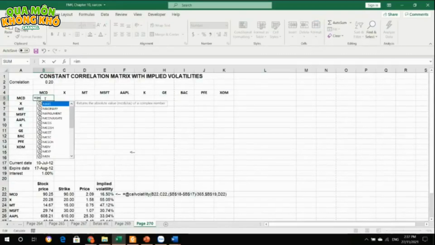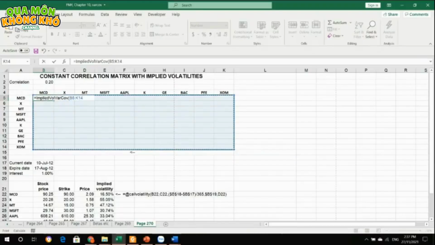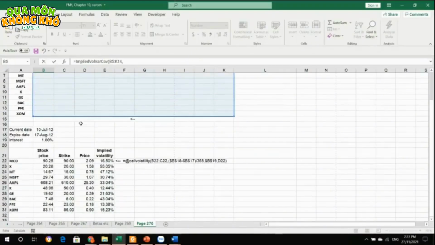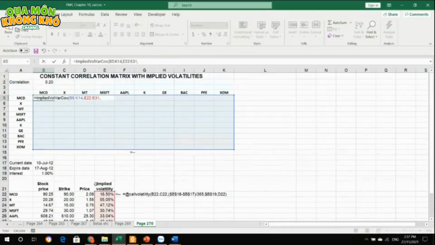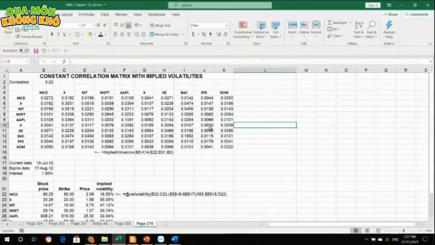We use the function implied volatility for correlation. Implied volatility is used to calculate the variance and covariance matrix. Like this, with the implied volatility and the correlation. And then we have the result.